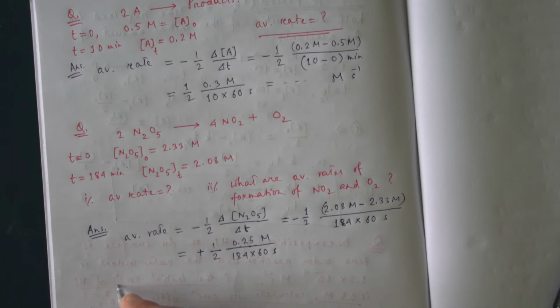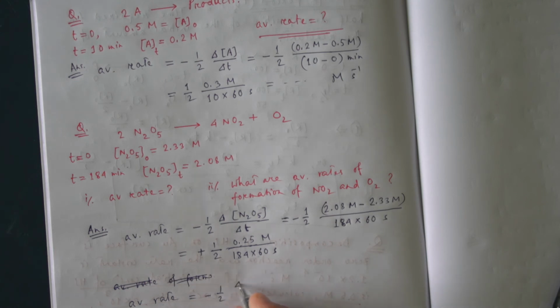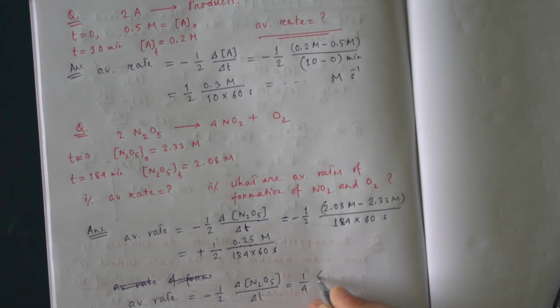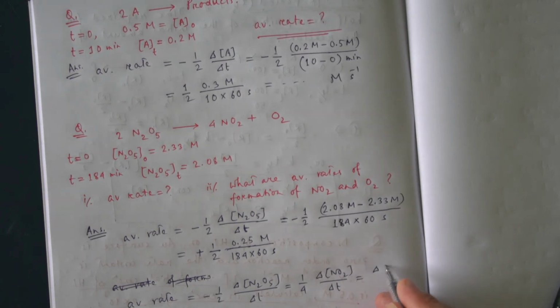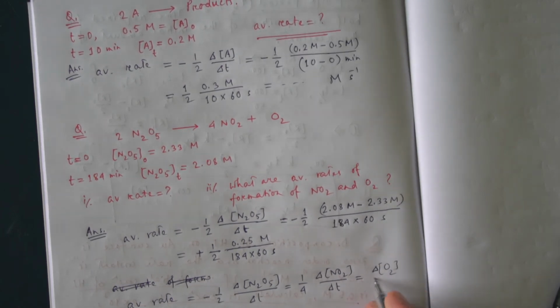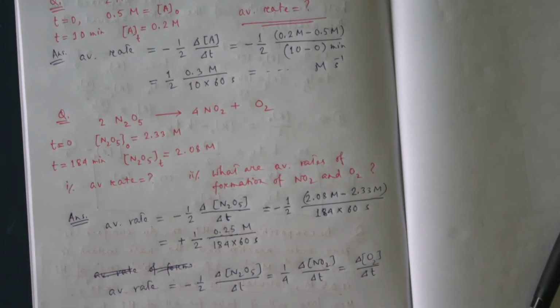Now we know average rate equal to minus half del N2O5 del t equal to 1/4 del NO2 del t and del O2 del t. We know this.